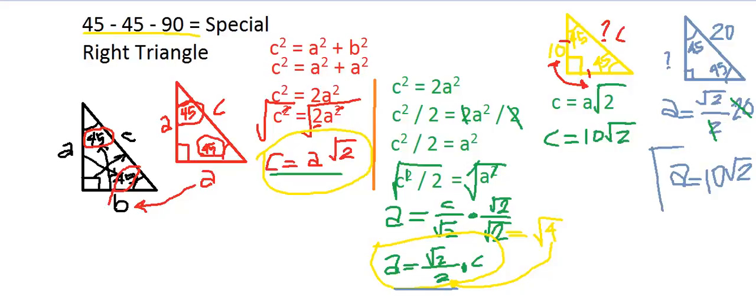So if we're going to find the measure of b, b is just equal to a. So a is equal to b. So b then is the same as a, which is 10 times the square root of 2.